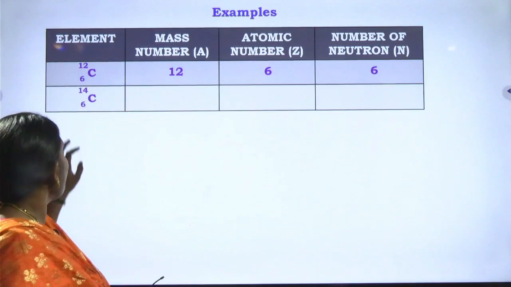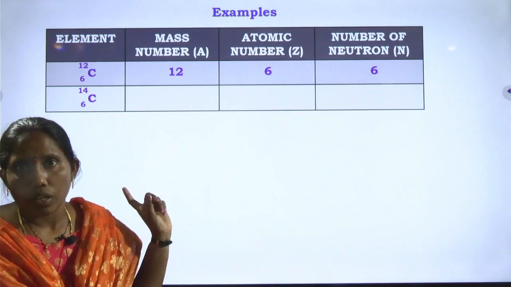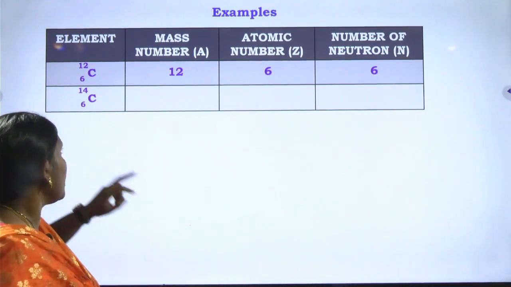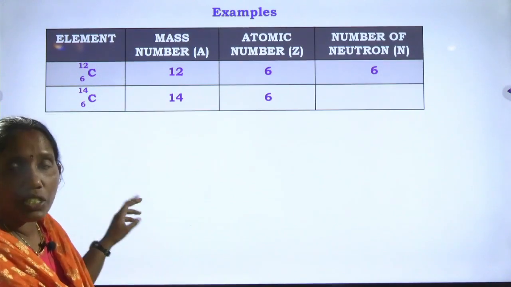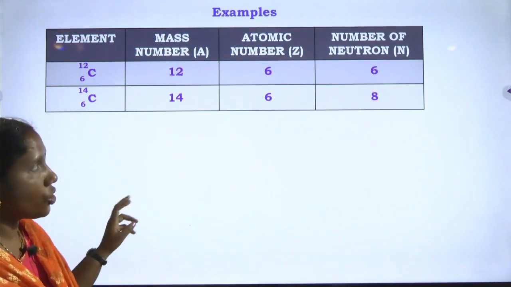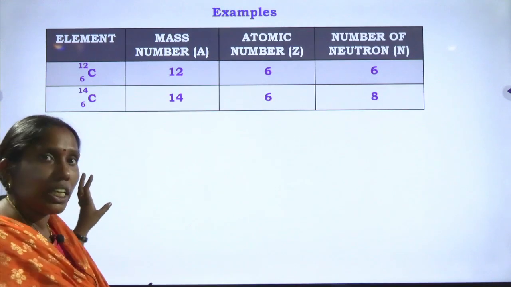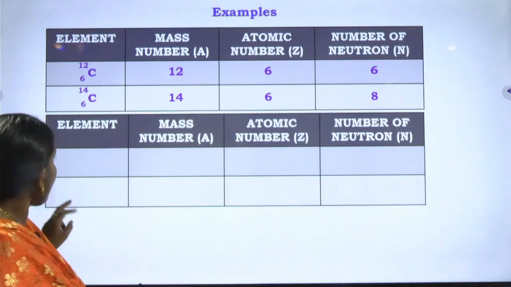Let us see the next, C 6 14. This is another isotope, used in carbon dating, right? Mass number is 14, atomic number 6. 14 minus 6 gives you 8. So the number of neutrons present in the C14 isotope is 8.